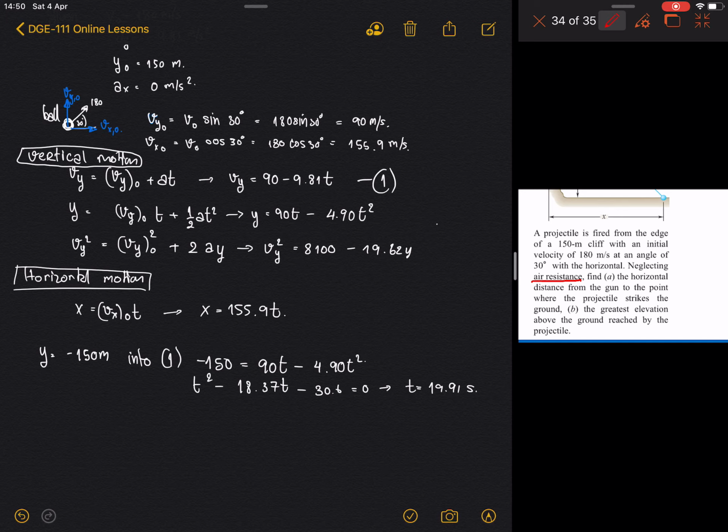And maybe you can have a look at the first questions, how to solve these quadratic equations. And you know already that this is the time where it hits the ground.